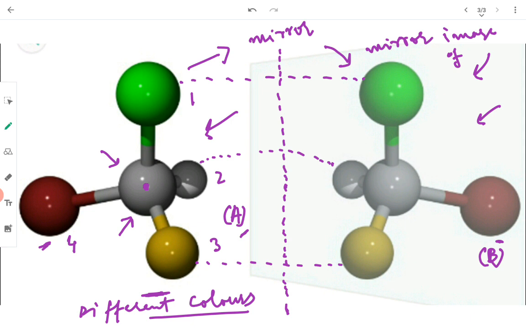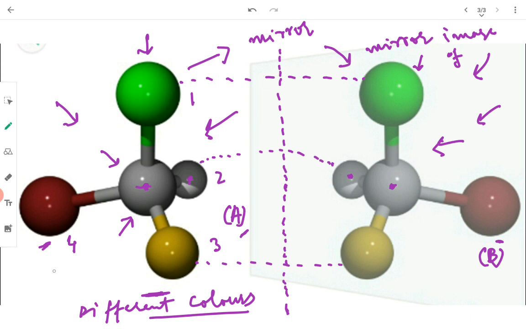This will be a non-superimposable mirror image, because if you hold this molecule and try to superimpose it on this one, maybe carbon will superimpose with this carbon, hydrogen will superimpose with this one, maybe this group will also superimpose with this group.